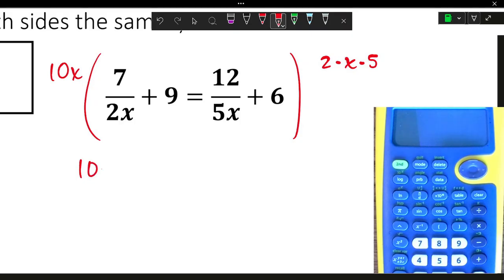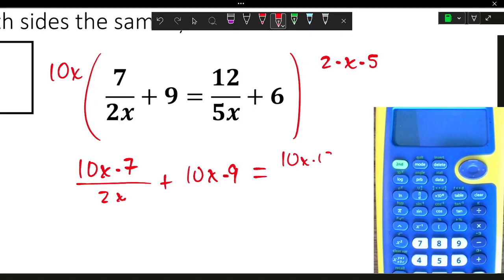Look, I'm going to be pushing in a 10x times 7 over 2x plus a 10x times 9, and that will equal a 10x times 12 over 5x, and then plus a 10x times 6. So if I look closely, what's happened is every single term has just picked up factors of 2x and 5, otherwise known as 10x. Now I cleaned up the fractions because they're all going to go away.